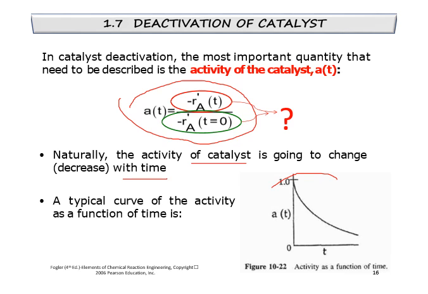So this is the typical curve for activity of catalyst. Let's say the y-axis is the quantifiable data of activity, which is a, small letter a, versus t. We can see here that the longer the time of the reaction, the more the activity will degrade. This is the typical curve of activity of catalyst as a function of time.